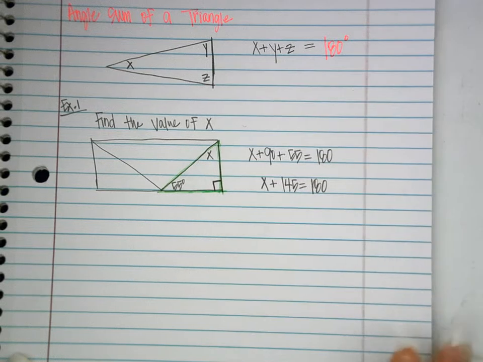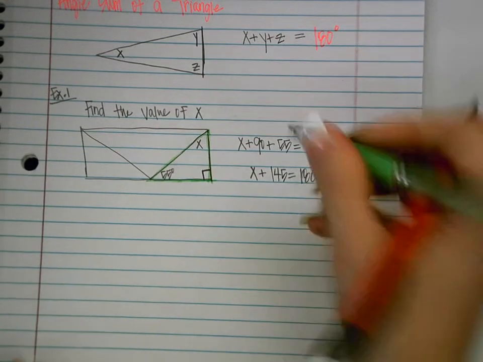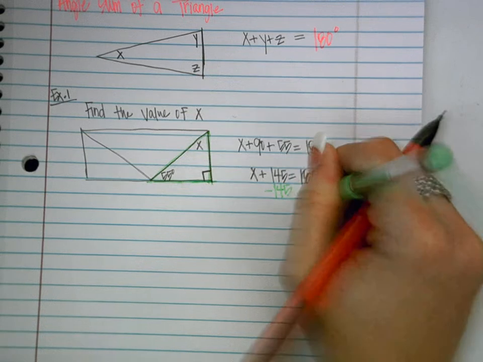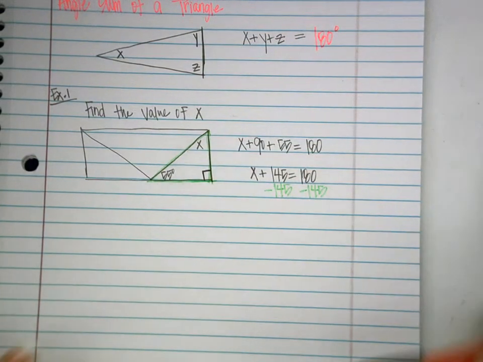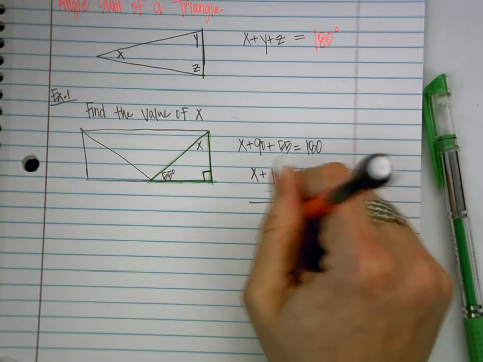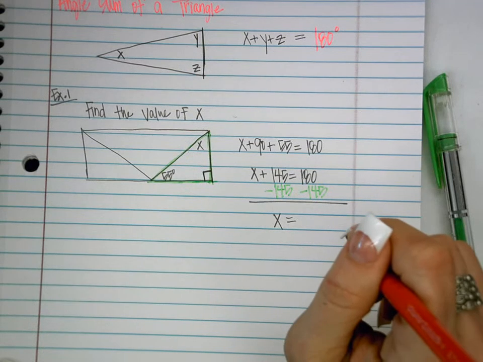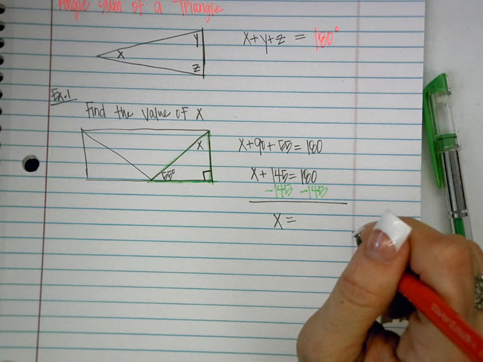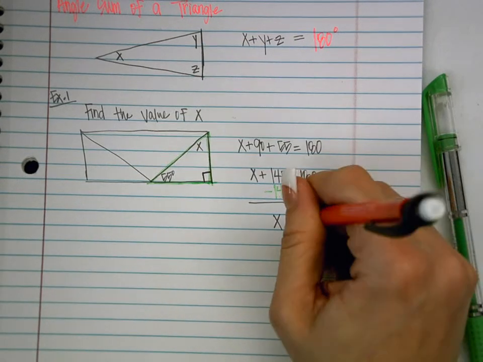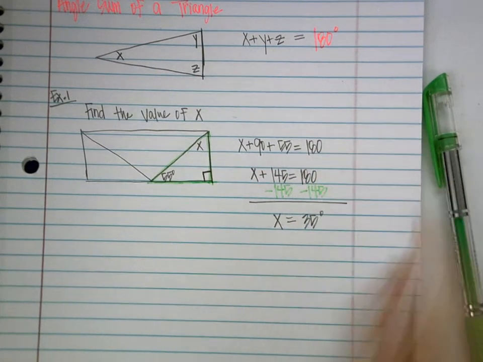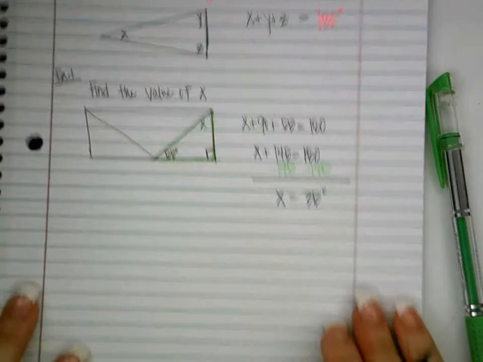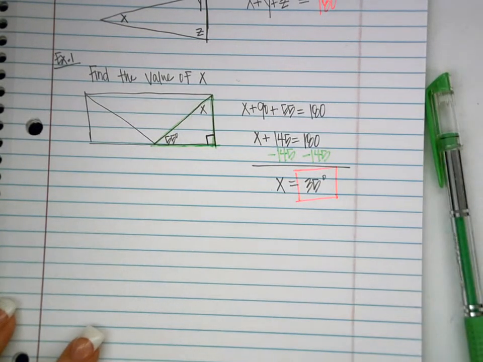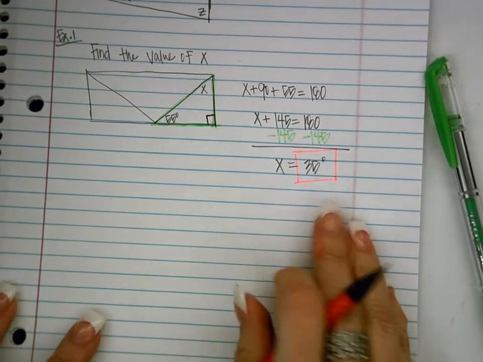Then how do I get X by itself? Subtract 145. So this is just super basic. X equals 180 minus 145. It's not 45, it's 35. And remember we need to put a little degree mark. That's your answer. So, in any triangle, all the angles together add up to 180.